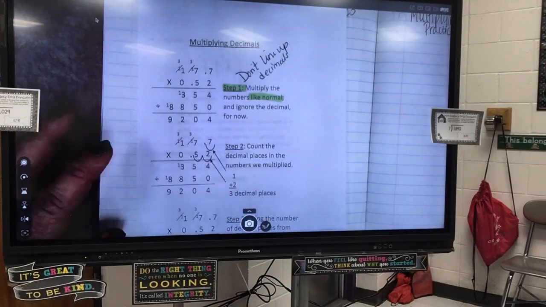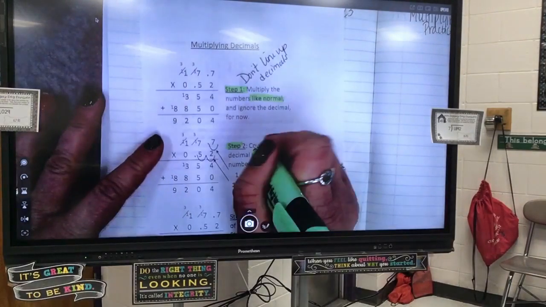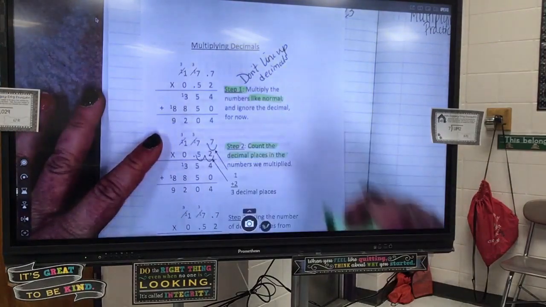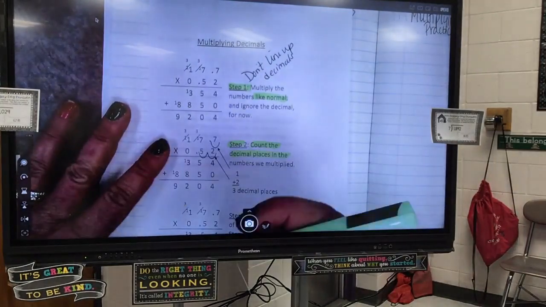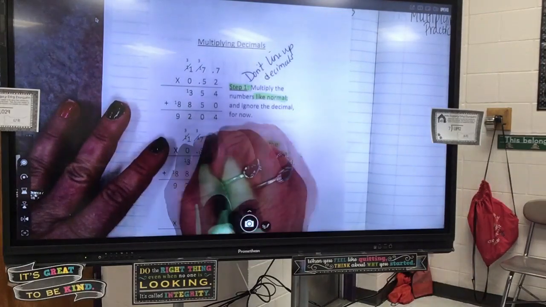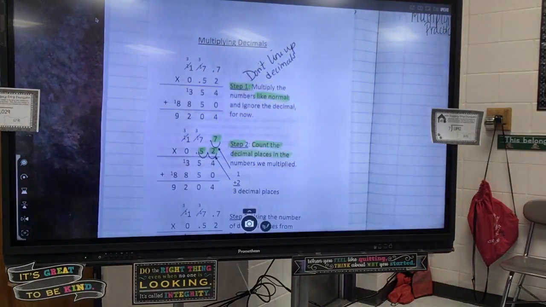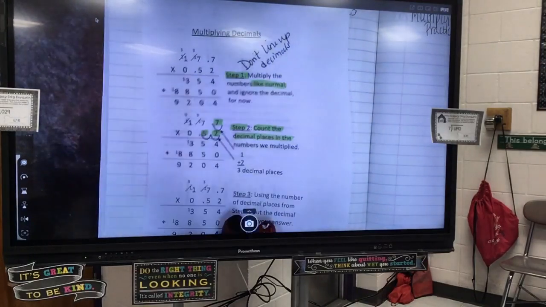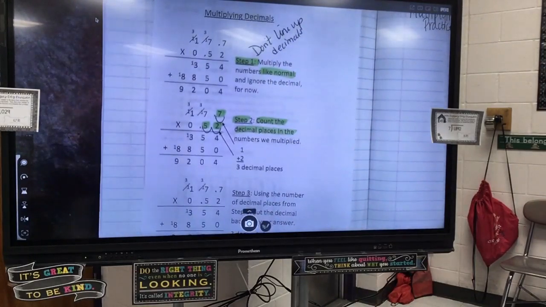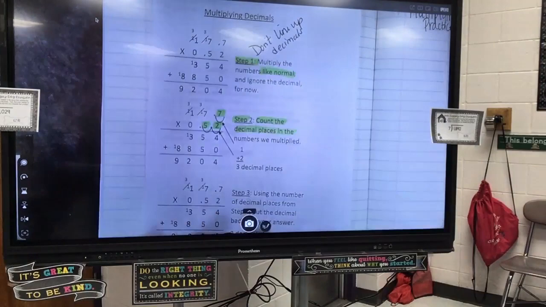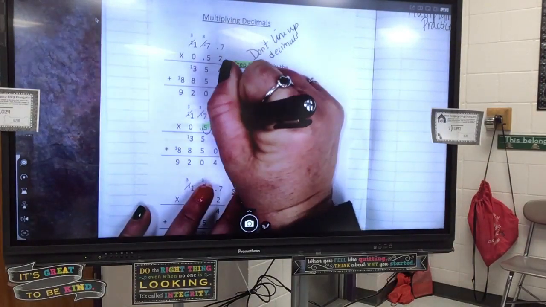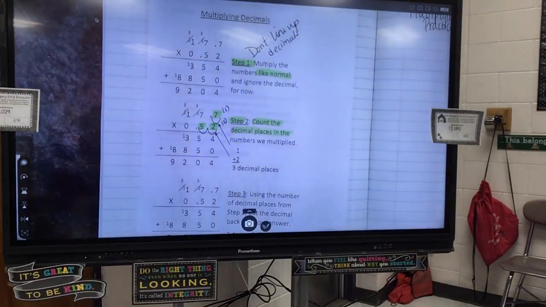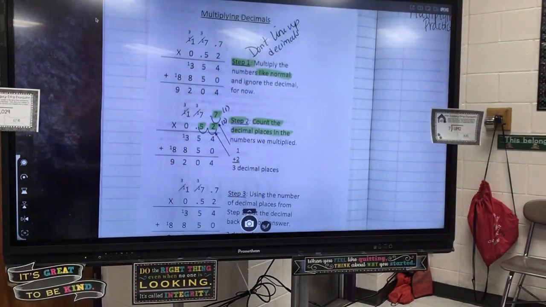Then, for step number two, you count the decimal places in the numbers we multiplied. So in this one, how many decimal places technically do we have? Mikhail? Yeah, because you have one here and you have two here. So 2 plus 1 obviously equals 3.